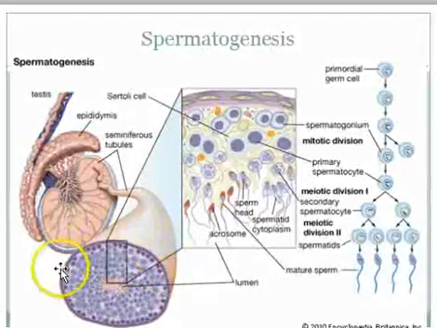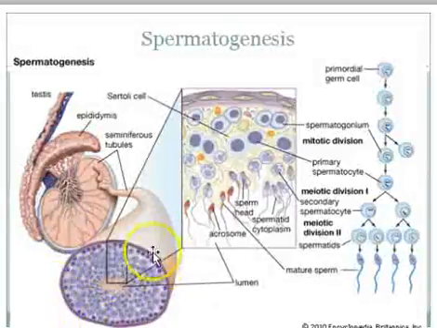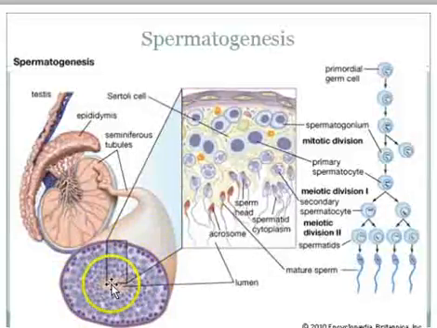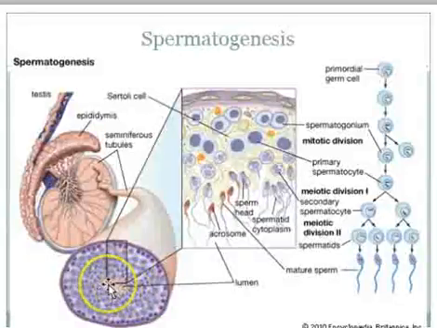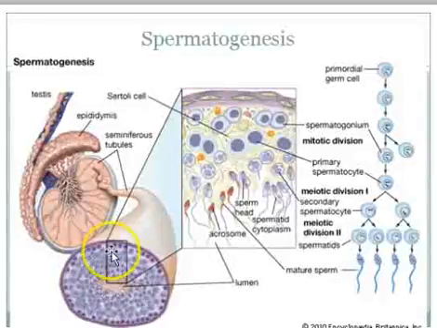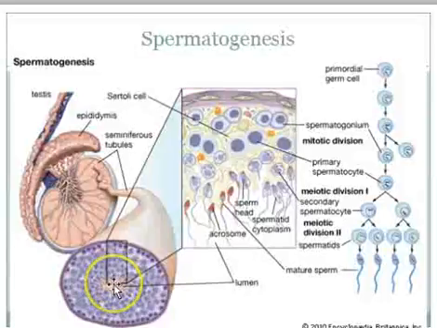So this is your basal layer on the outside of the seminiferous tubule, and the luminal layer is in the center. So all the germ cells, or the primordial germ cells that are going to become sperm, are located on this basal layer, and then they develop, and turn into sperm by the time they get to the lumen.